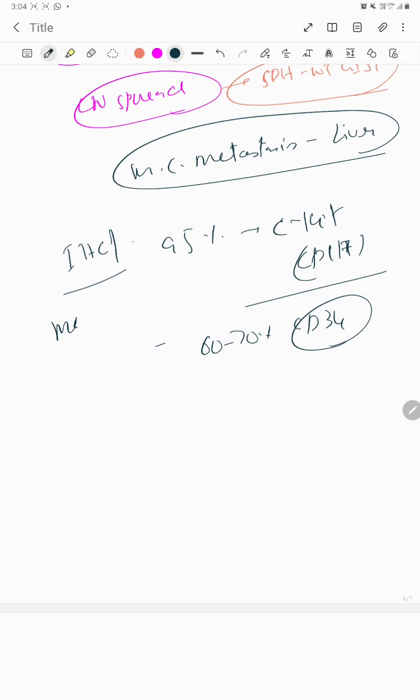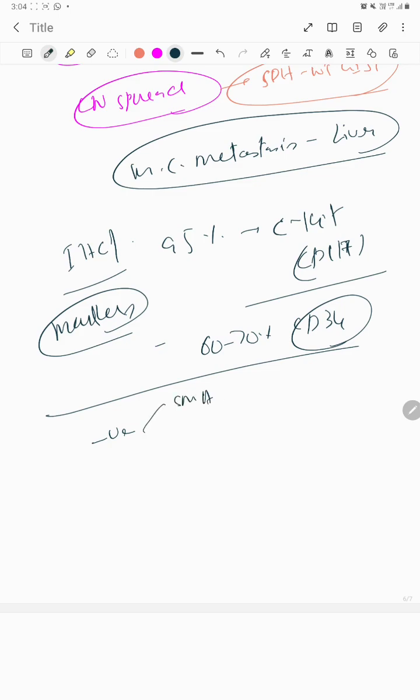These are called markers rather than mutations, and they are mostly negative for SMA, which is positive in leiomyomas, and desmin, which is positive in desmoid tumors, they are negative. But you must know that in some rare cases S100 and SMA may also be positive.